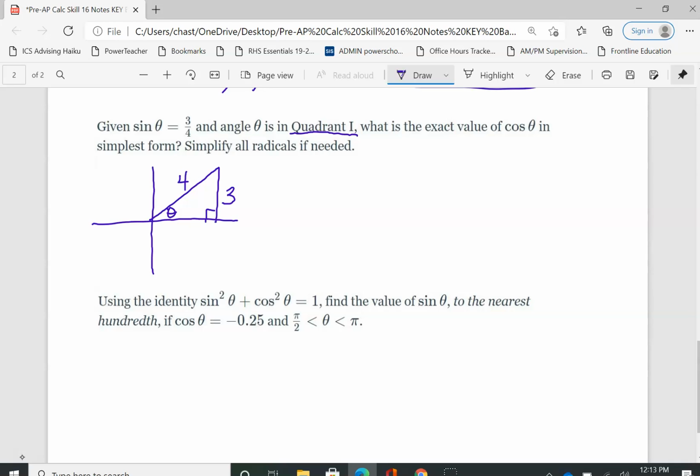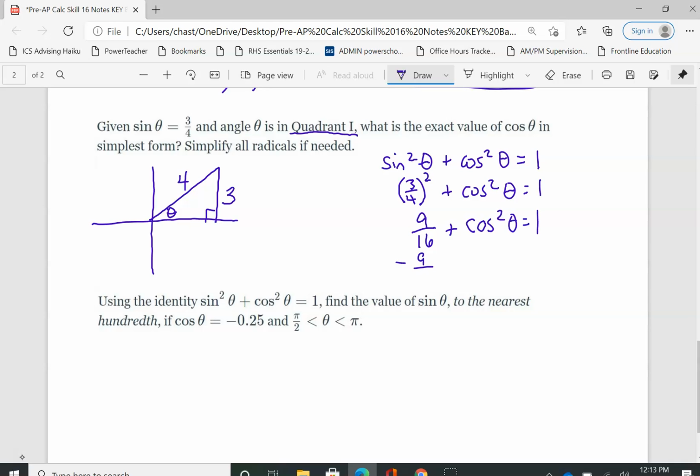So we could just do this by using Pythagorean theorem, or we could do a Pythagorean identity. We know sine is 3/4, so sine squared would be 3/4 squared, which would be 9/16.